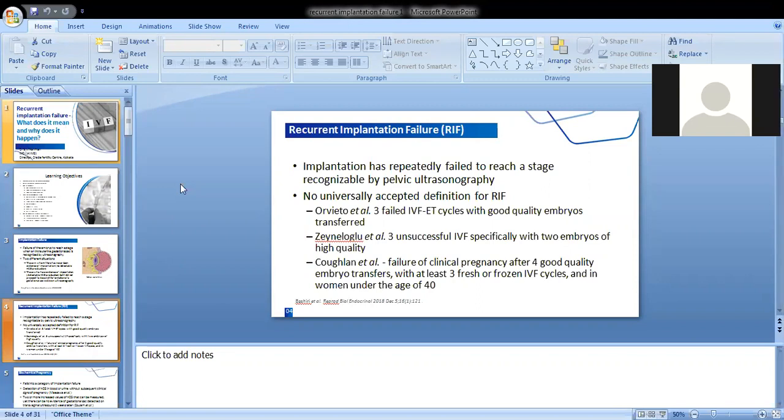Another author has defined it as failure of clinical pregnancy after 4 good quality embryo transfers with at least 3 fresh or frozen IVF cycles and in women under the age of 40. So there have been variations in defining recurrent implantation failure in literature, but more or less we have taken it as 3 failed IVF-ET cycles with good quality embryos. Most commonly we use this definition.